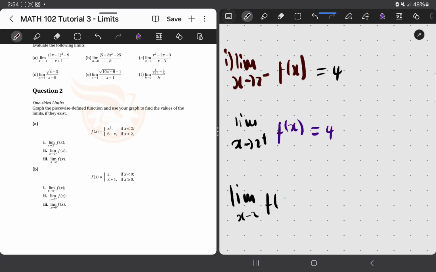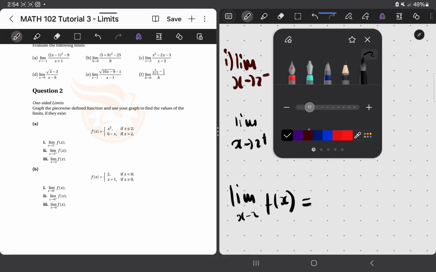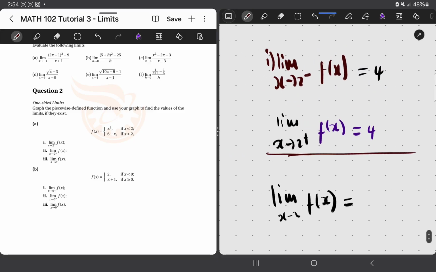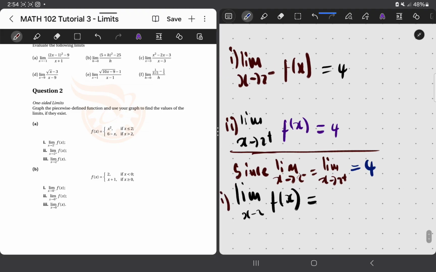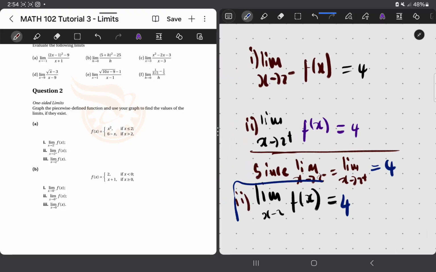Since from the right and from the left you have the same, you can first put a line to say, this is part I. Now you want to answer I. You can now say, since the limit as x approaches 2 from the left is equal to the limit as x approaches 2 from the right, this is now going to be equal to 4. That's the limit. So that means this limit is just a 4, and you're done.